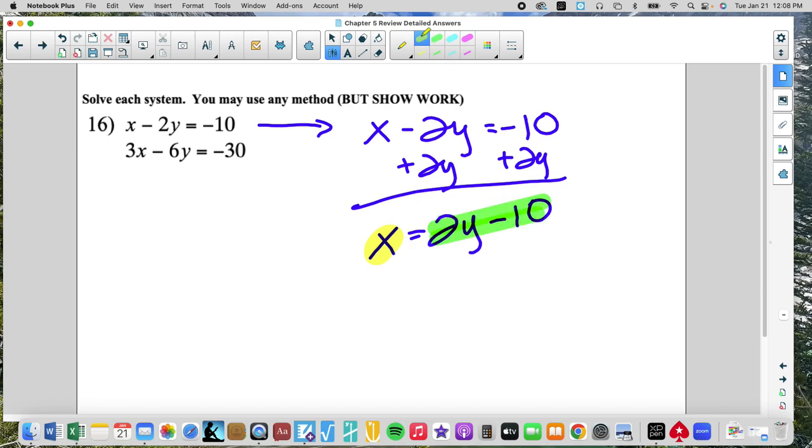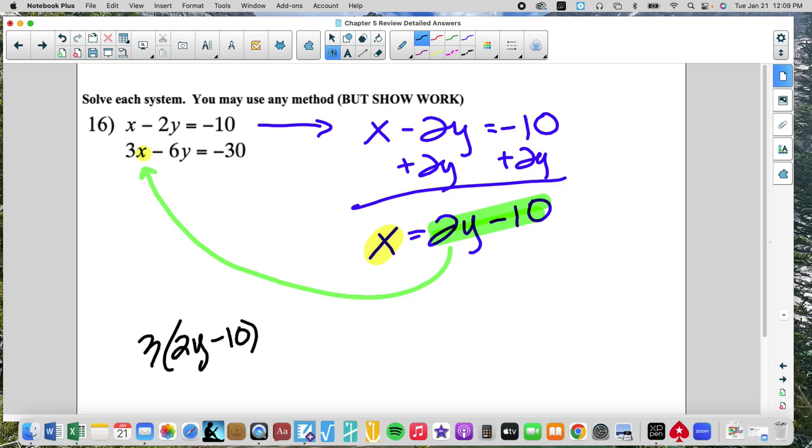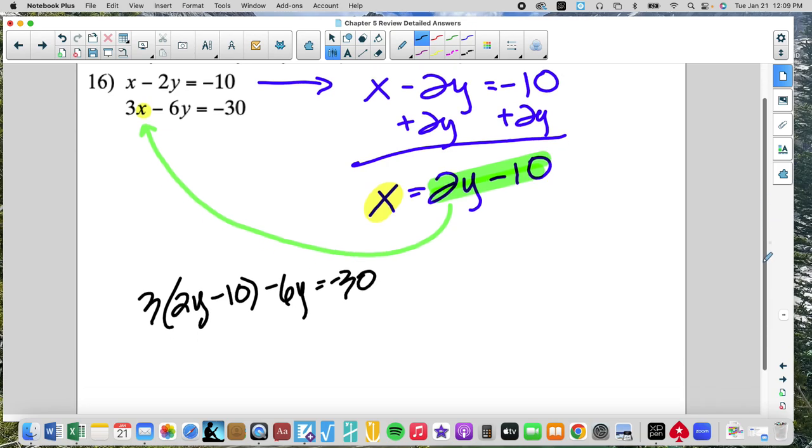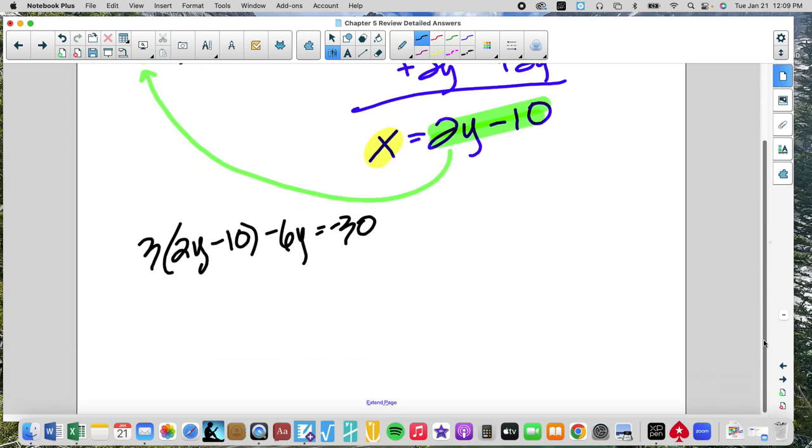So we'll take that and substitute it in for x into the other equation. So that leaves us with 3, instead of writing x, we're going to write 2y minus 10, minus 6y equals negative 30. We love this. That substitution eliminated the x variable and leaves me with only y variables.